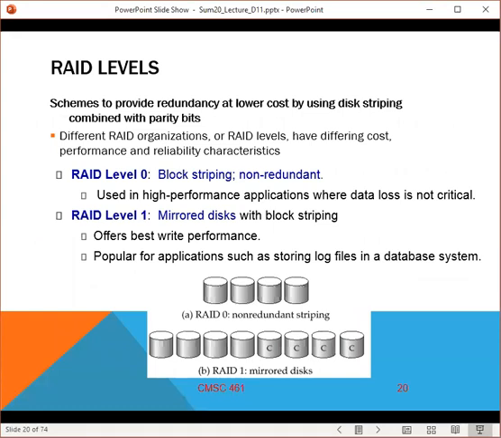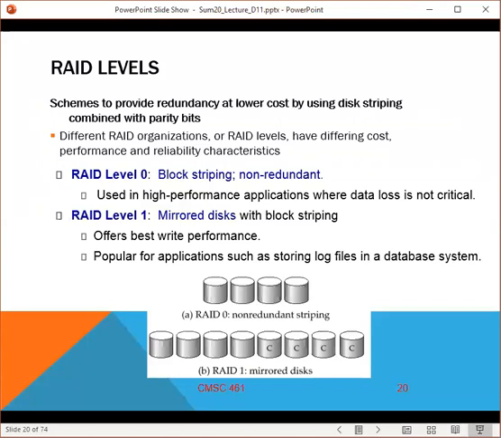So RAID level 0 is the only level that doesn't use redundancy to provide additional reliability. At level 0, RAID with N drives will divide the data into N stripes that are applied in parallel to the N drives.